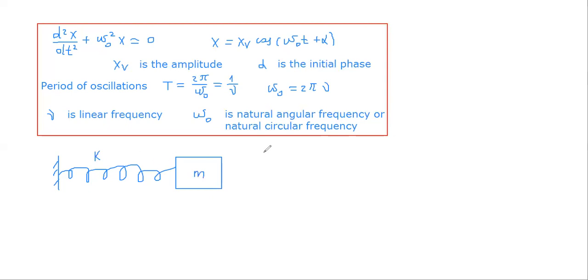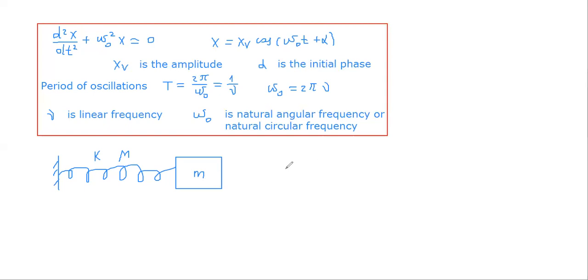In the case of damped oscillations, we have one more constant, mu, that connects the velocity of the body or material point and the force that tries to prevent motion.